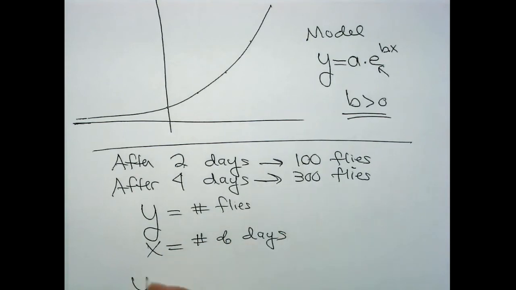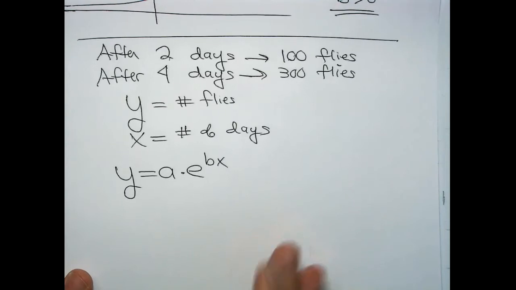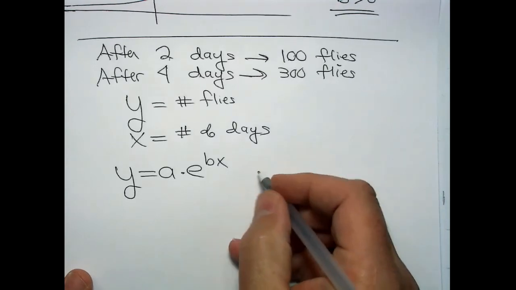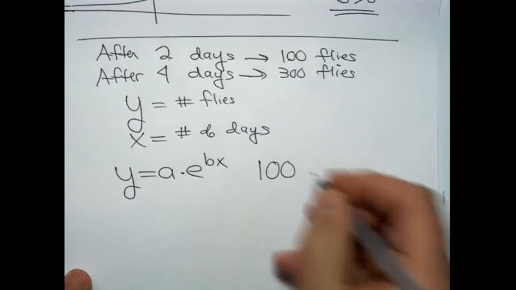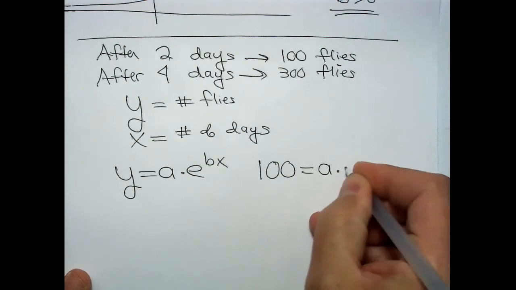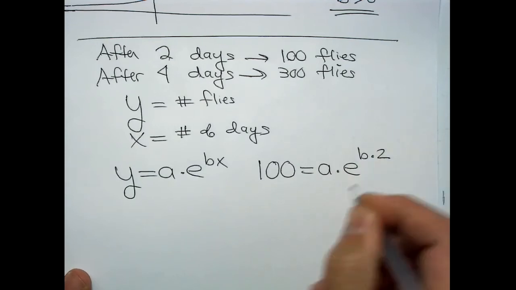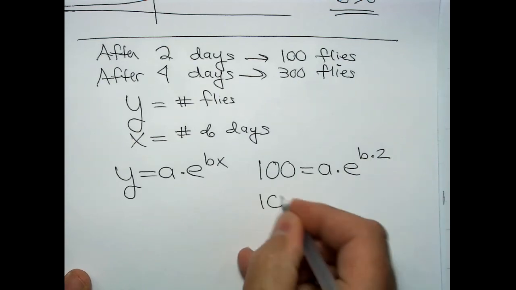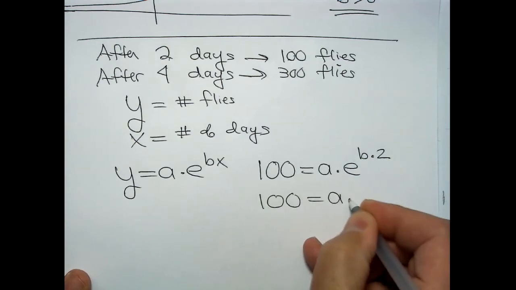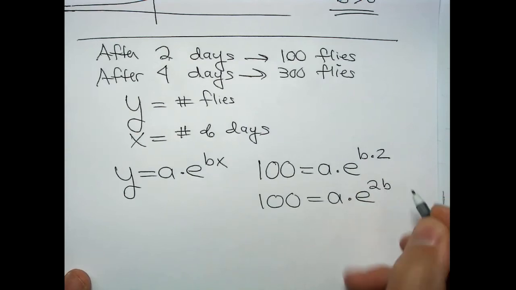The model is y equals a e to the bx, and the only thing you're missing is a and b. So let's see if we can determine what a and b should be. For the first situation, there were 100 flies, y is the number of flies, after 2 days. So instead of b2, we'll make that 2b. So 100 is equal to a times e raised to the 2b.